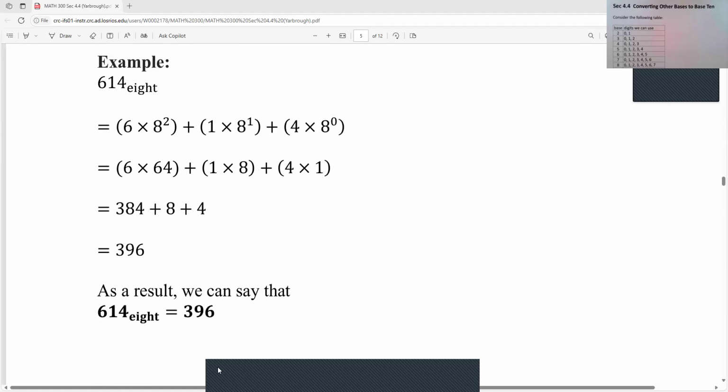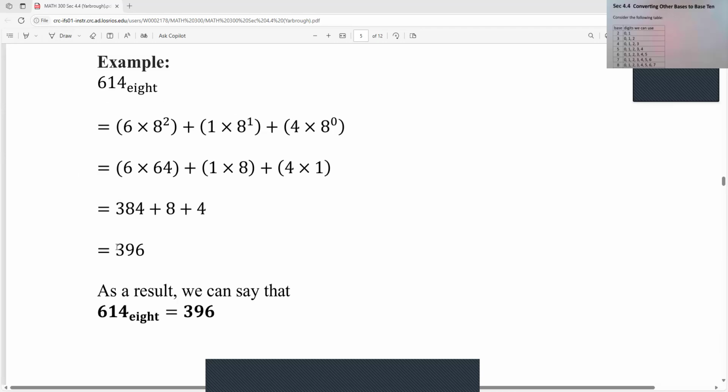Here's another example we could go through. I think I'll just show you this example. I think you can just read through this example on your own, and you can see if we're doing base 8, all of these go by powers of 8, starting with 8 to the 0 on the far right, and then going up powers of 8 to the left. 8 to the 0, 8 to the first, 8 to the second.